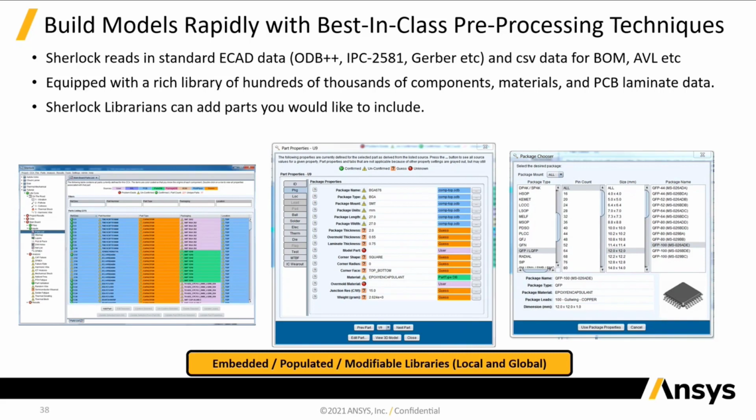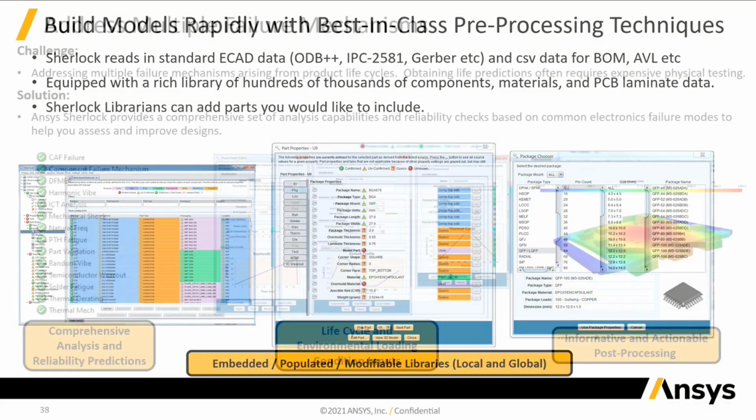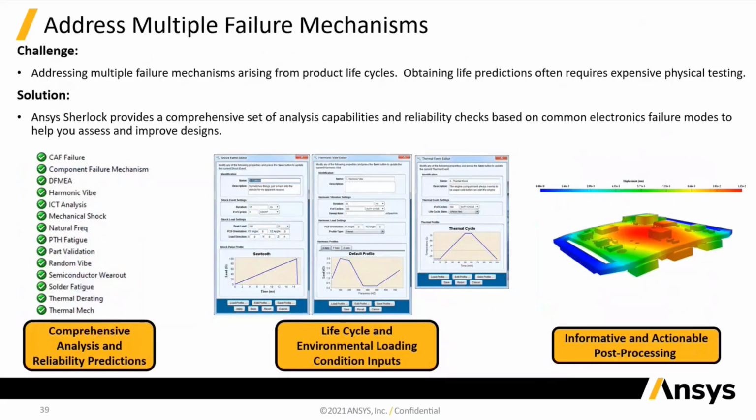Once you've got that 3D prototype and you've populated it with all the different components, then you can actually run the analysis. We have a number of different types of tools and analysis types built into Sherlock, which you can actually put onto the board itself. So you can do in-circuit test analysis, where you might have a bed of nails or testing probes come down.